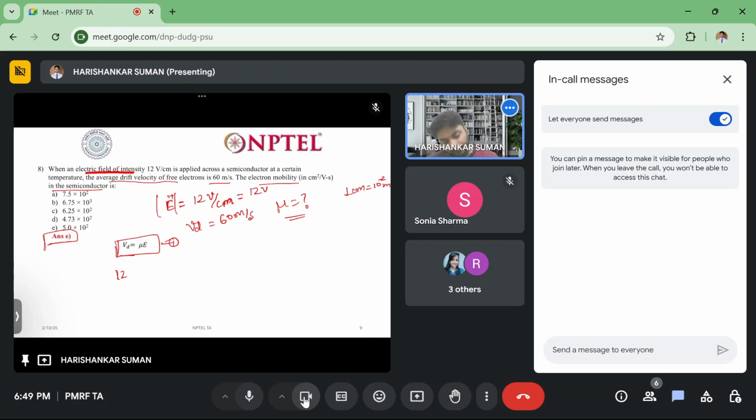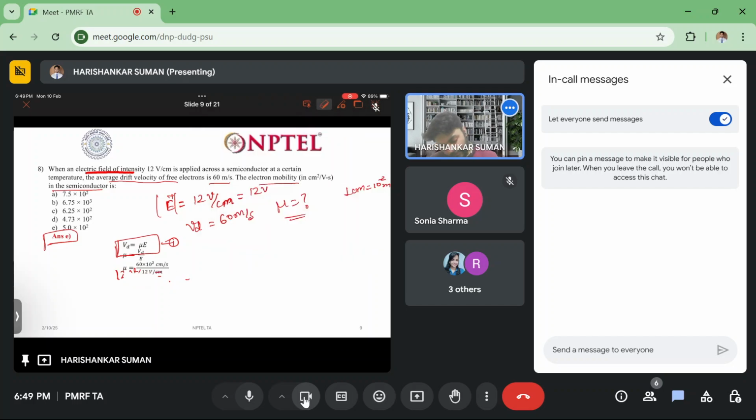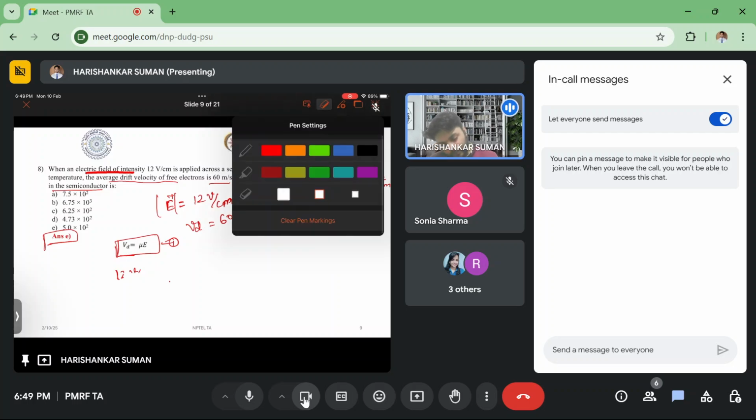So 12 volt per centimeter, we have to find mu.